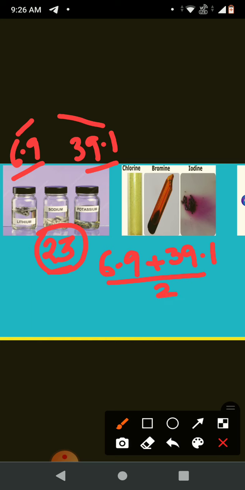When you add 6.9 and 39.1, you get 46, divided by 2, which gives you 23.